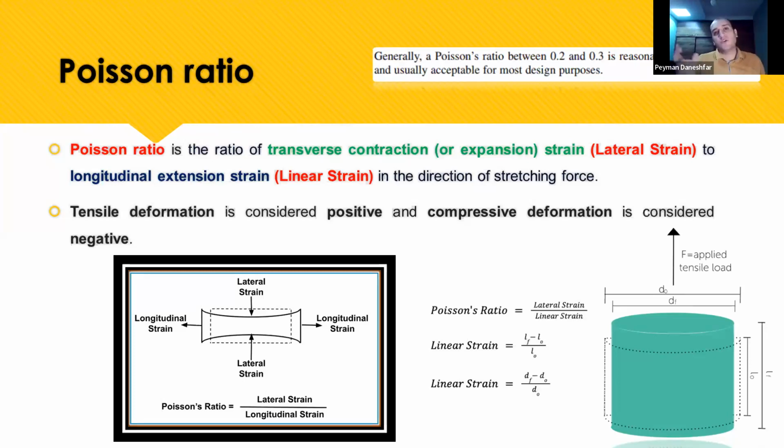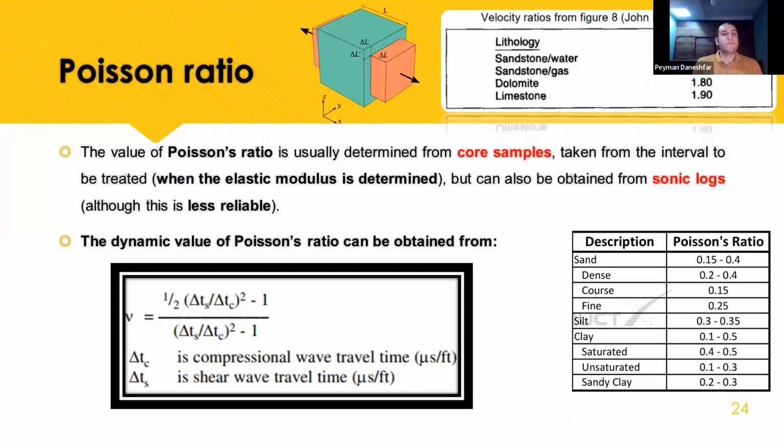A general Poisson ratio is between 0.2 to 0.3 for reservoir rocks. How can we find the Poisson ratio?